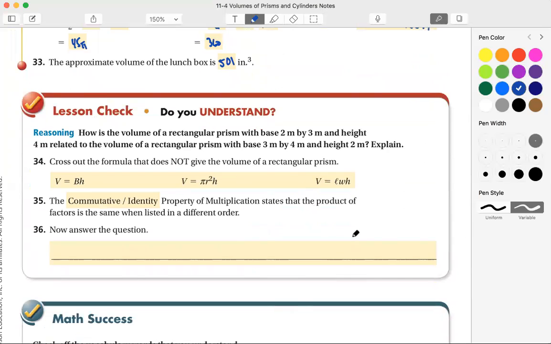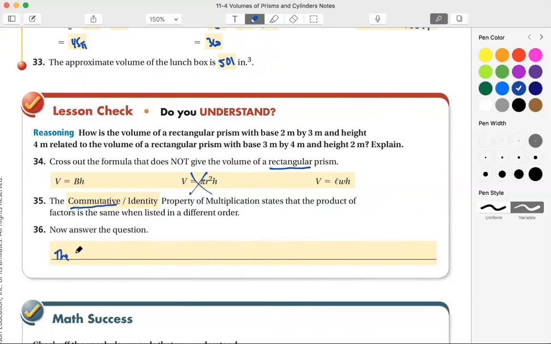All right, how is the volume of a rectangular prism with base 2 meters by 3 meters and a height of 4 meters related to the volume of a rectangular prism with base 3 by 4 and height 2? Cross out the formula that does not give the volume of a rectangular prism. The key word here is rectangular, so we're not going to use that one. The commutative property of multiplication states that the product of the factors is the same when listed in a different order.